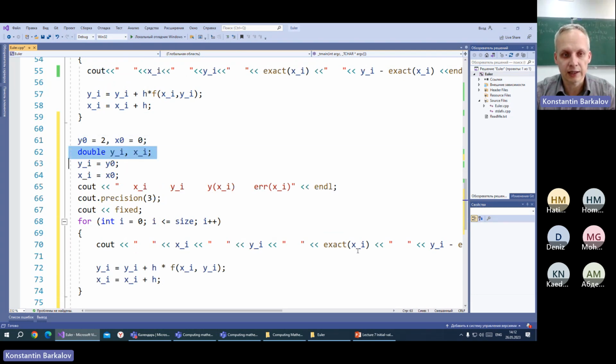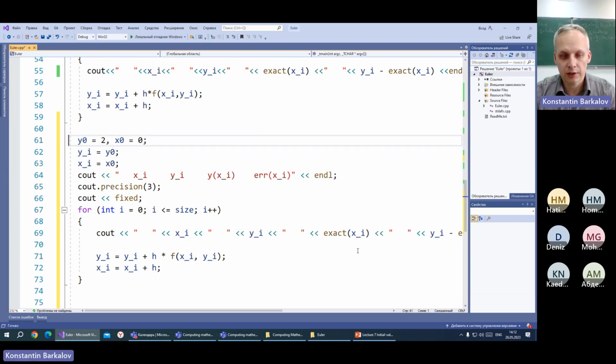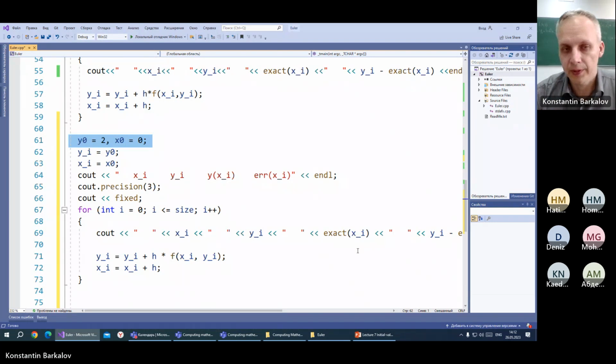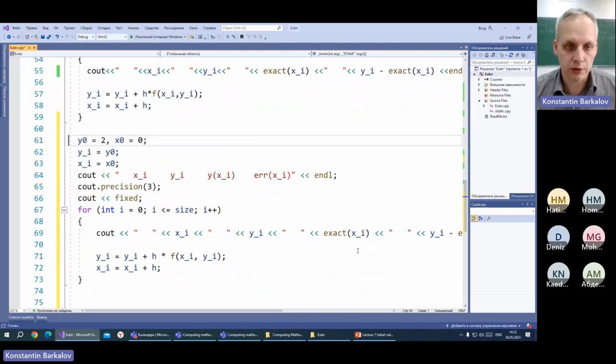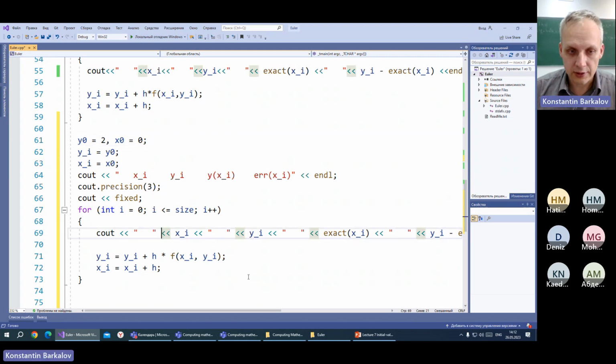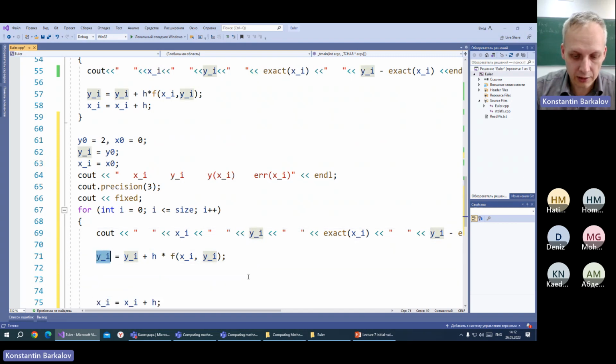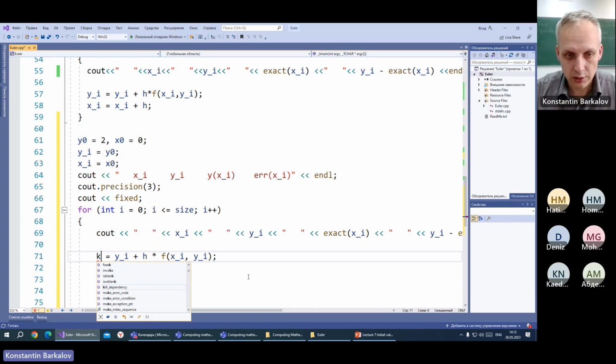Let's reassign the initial values to the same numbers. y0 equals 2, x0 equals 0. What we should do first? First, we should compute this coefficient k that I denoted in the formula.